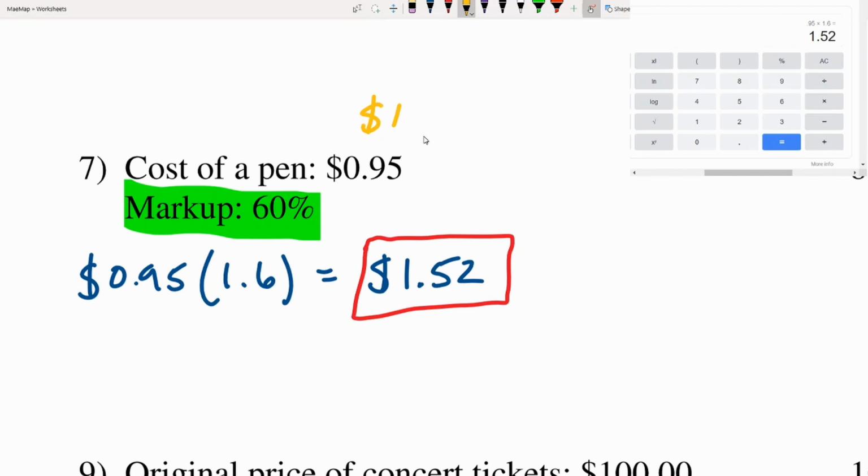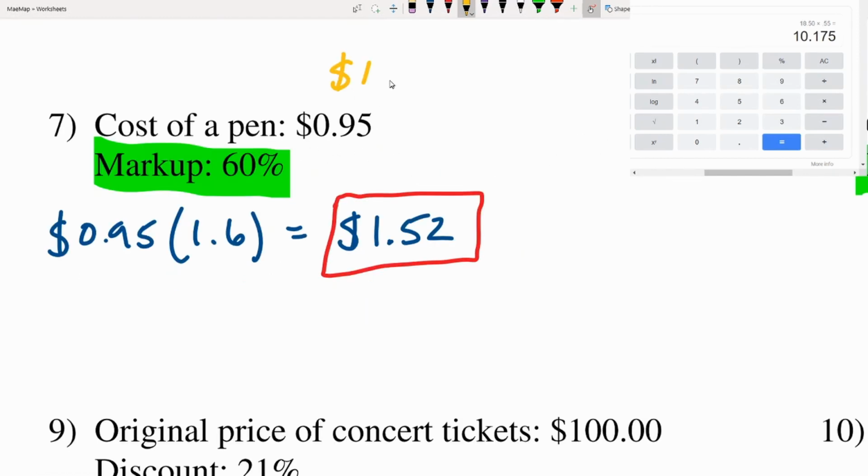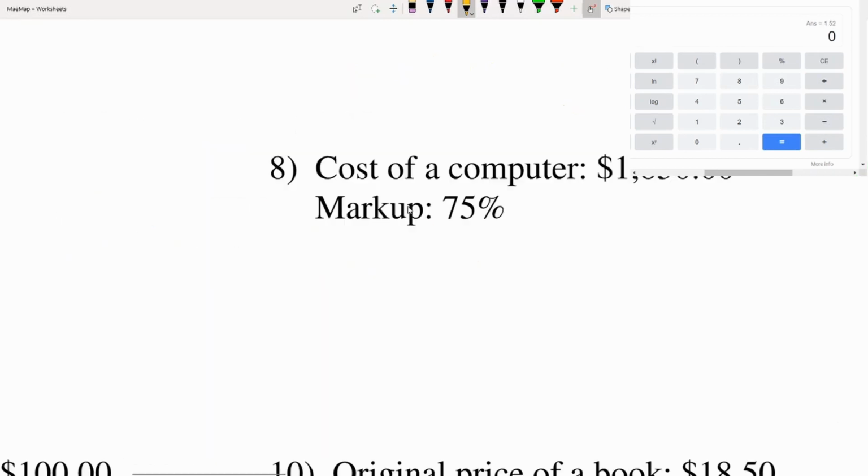So it's just a matter of moving decimal points around. So let's do a quick double check. If I take that dollar, 60%, and add that to that markup cost of 0.6, we should expect our purchase price to be around $1.60, which $1.52 is fairly close to. So you can see that our estimate checks out with our actual markup. So that's one quick way to double check.